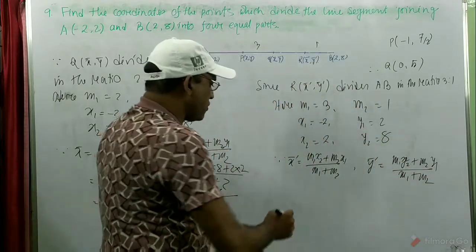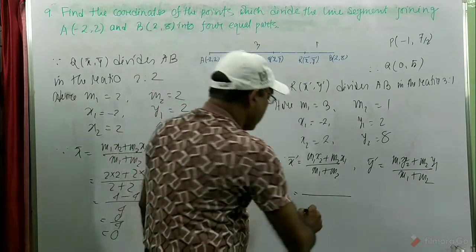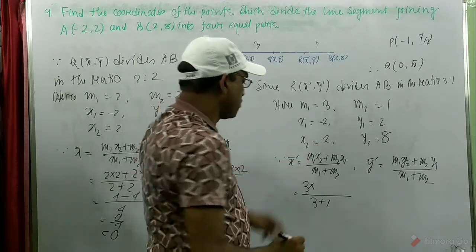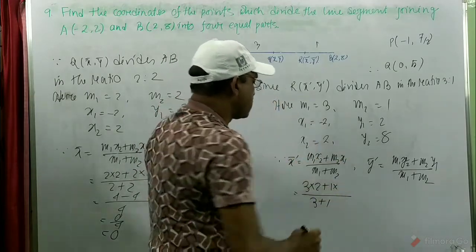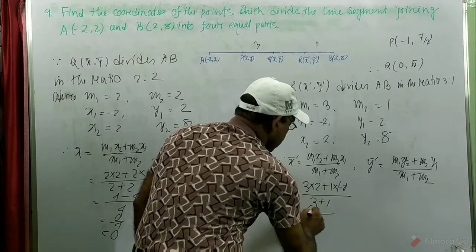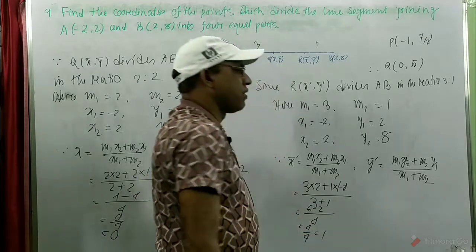Now putting the values, 3 into X2, X2 is 2, plus 1 into X1, X1 is -2, by 3 plus 1. So this is 6 minus 2, and 4 by 4, this will be 1 we get.